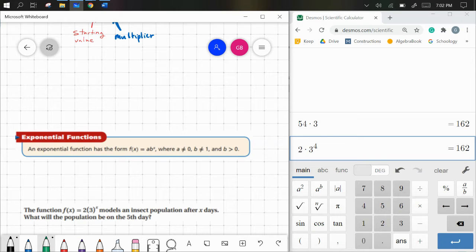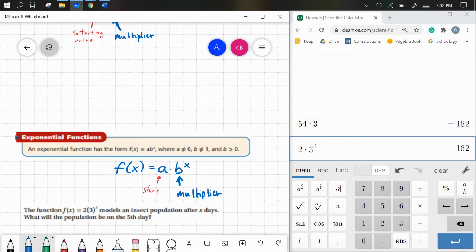And b has to be greater than 0, so it has to be a positive number. But basically, the important part is f of x is equal to a times b to the power of x. And like I said above, this is the starting value, and this is going to be the multiplier.